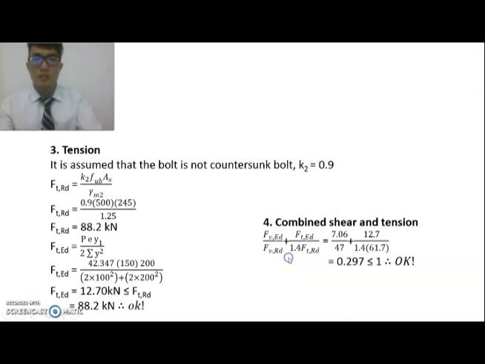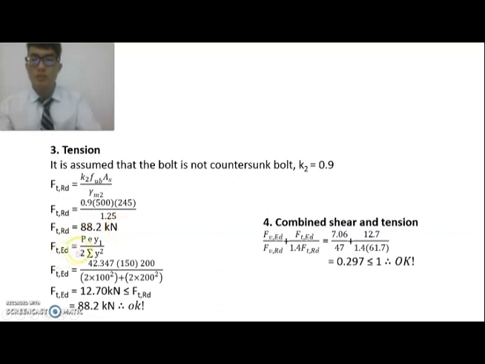Therefore, it's okay. For the tension, it is assumed that the bolt is not a countersunk bolt. Then we get k2 equal to 0.9. We substitute it into Ft,Rd equal to k2 fub As over gamma M2. Then we get 88.2 kilonewtons.